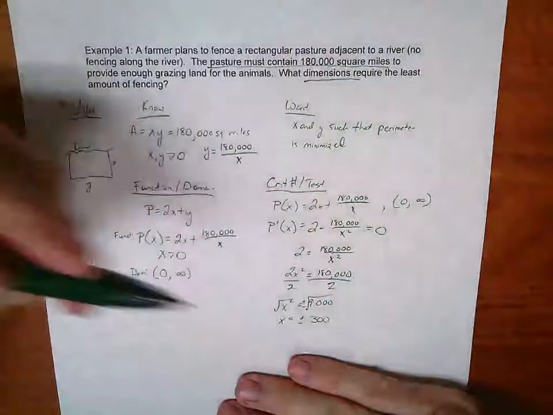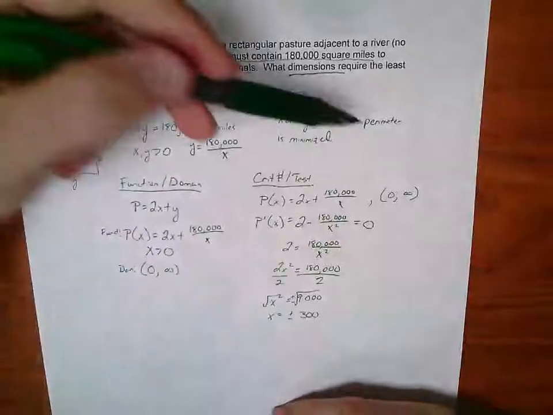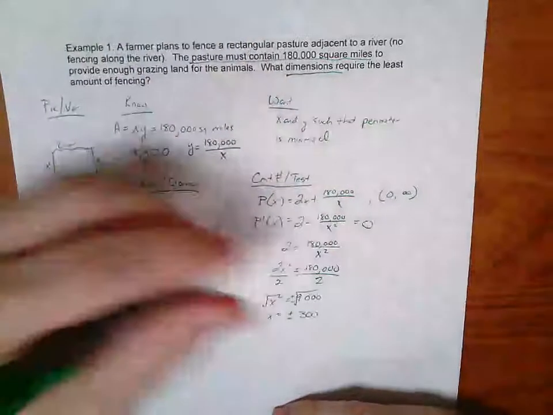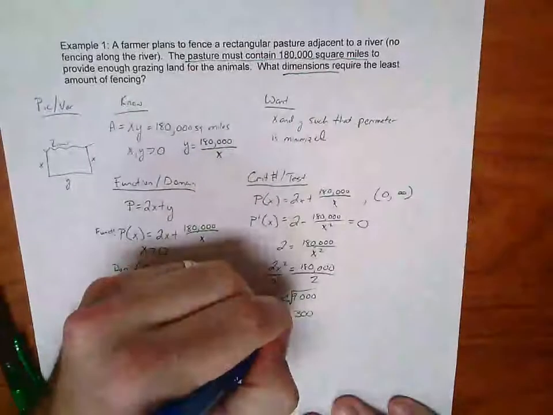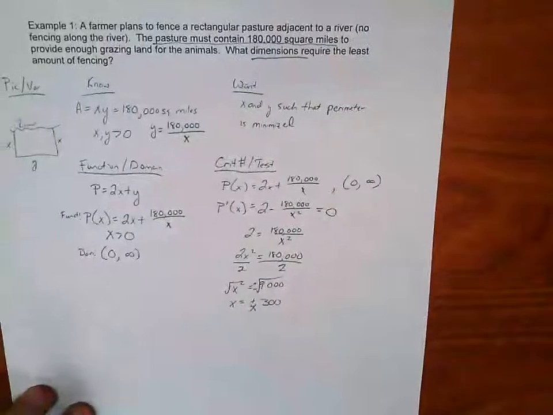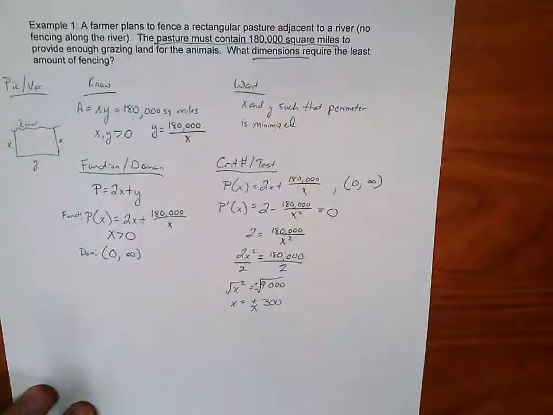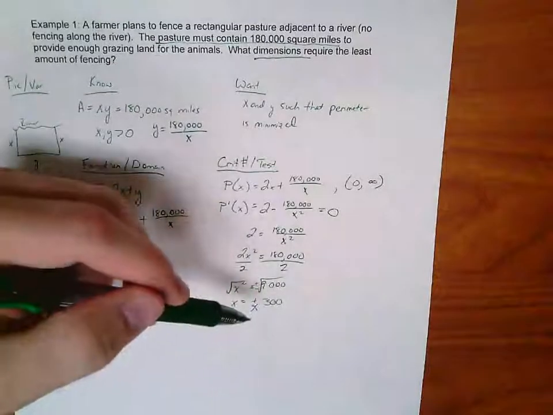We have two critical numbers, but because x has to be on the interval 0 to infinity, x has to be greater than 0, so we don't need to worry about testing the negative piece. The only critical number we have to test is x equals positive 300.